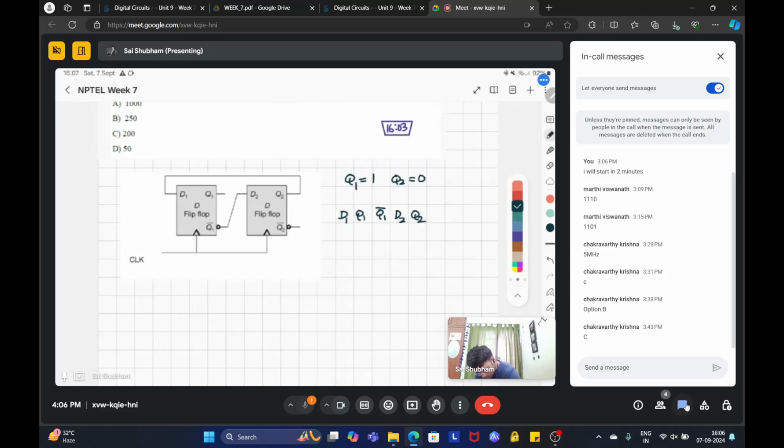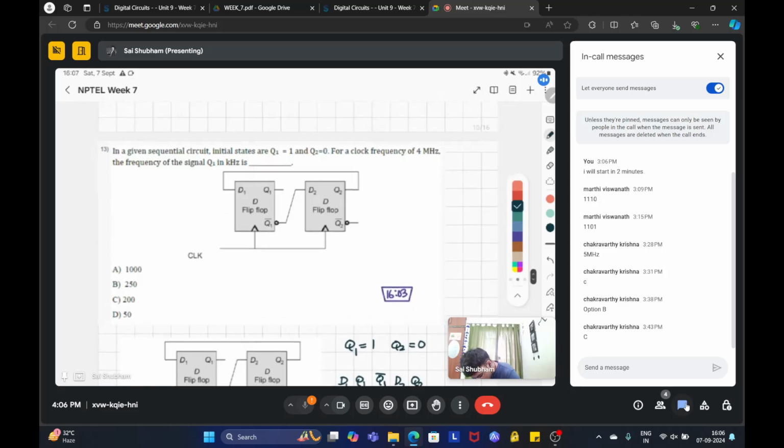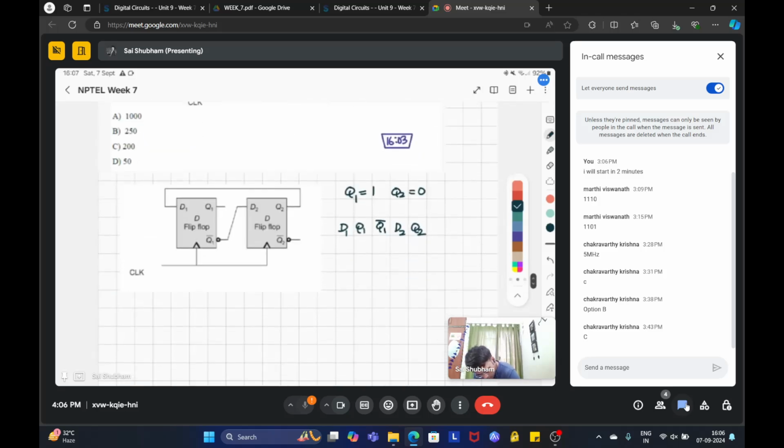Okay. So it's asking frequency of Q1. So now Q1 is 1, Q1 bar is 0, Q2 given is 0. Since Q1 bar and D2 are shorted, this will be 0. Q2 and D2 are connected. Q2 and D1 are connected, so this has to be 0.